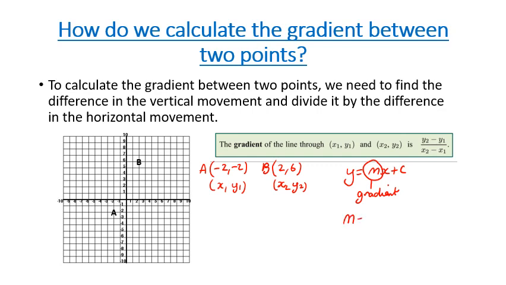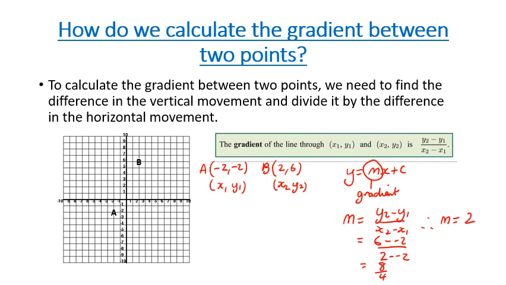So m, for our gradient little m, is going to be y2 take y1 over x2 take x1. If we use our points of A and B, we end up with 6 take away -2 over 2 take away -2, which becomes 8 over 4. So therefore, m is going to be 2.